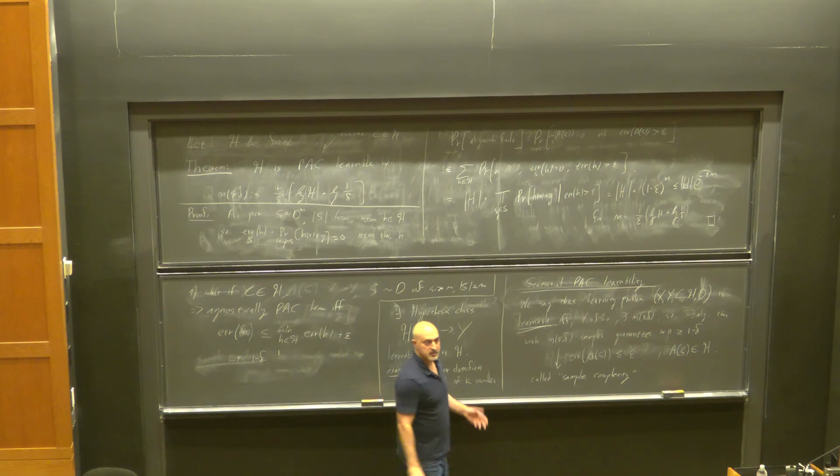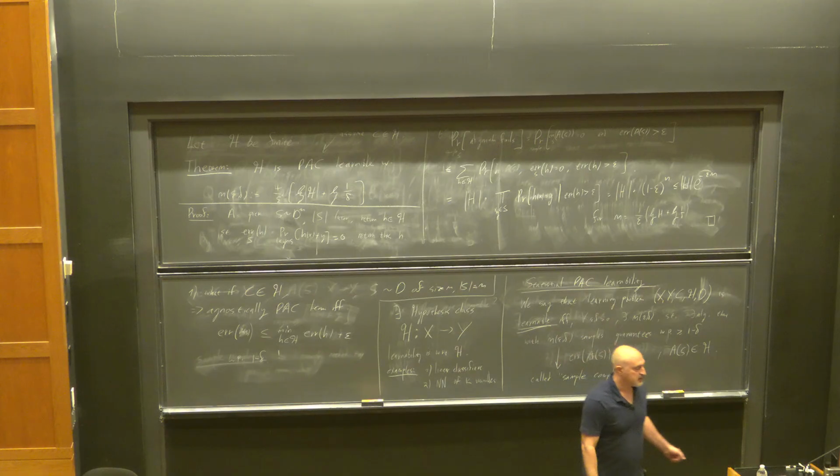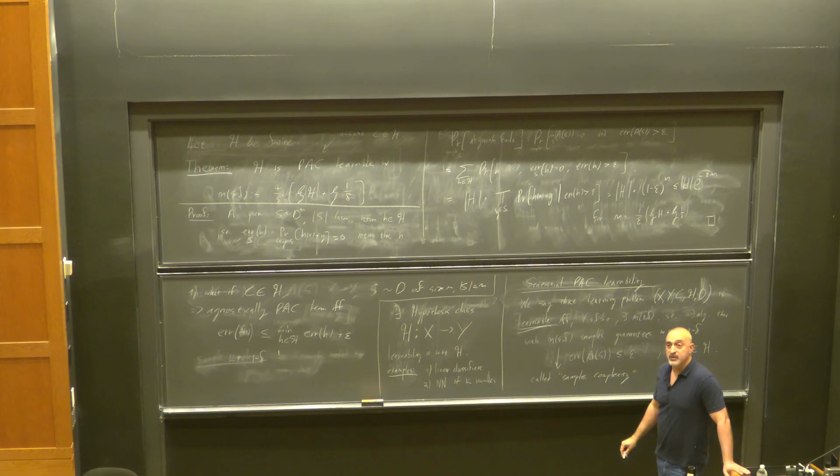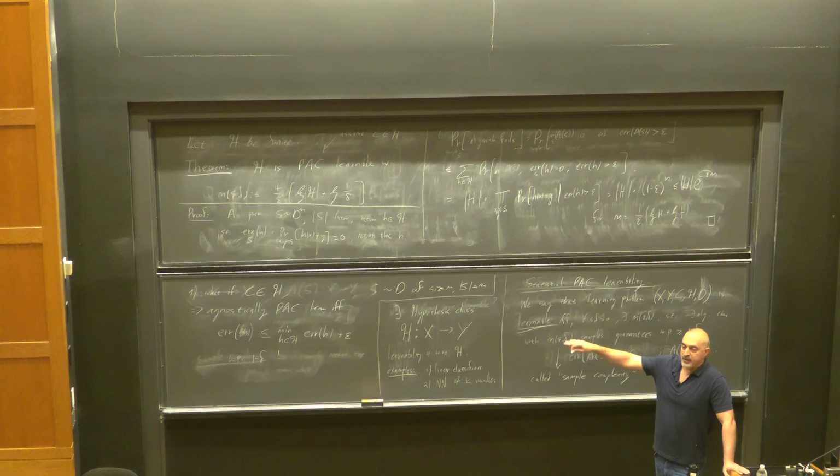That's an extension. It works if I believe that my hypothesis class is a good approximation of the concept, and then I can try to get something like that. And what I showed you, with a slightly more sophisticated probabilistic argument, but also easy, is that minimizing error on the sample is a good idea.